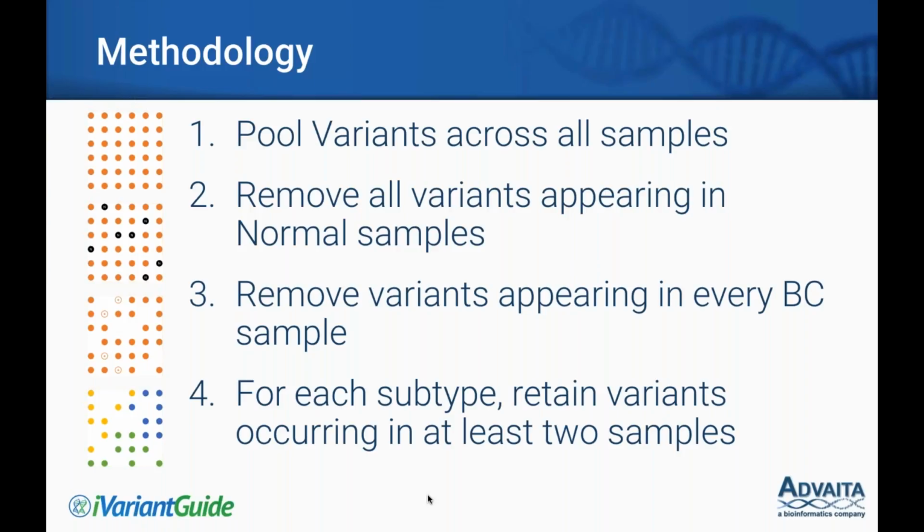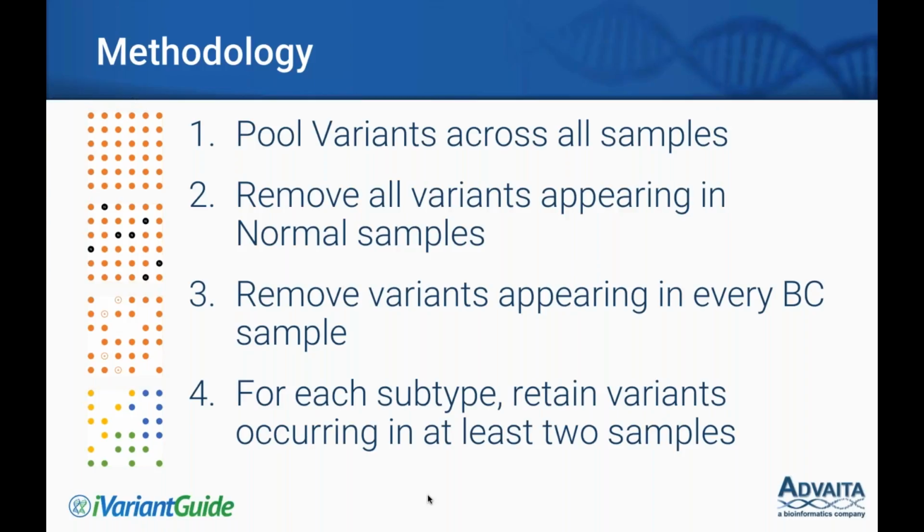Once I removed the variants appearing in normal samples, I also removed additional variants that appear in all 17 breast cancer samples, because I expect that those are probably sequencing errors, and we can call them false positives. So what I'm left with now are variants that are appearing in no normal sample and in less than 17 breast cancer samples, so fewer than all.